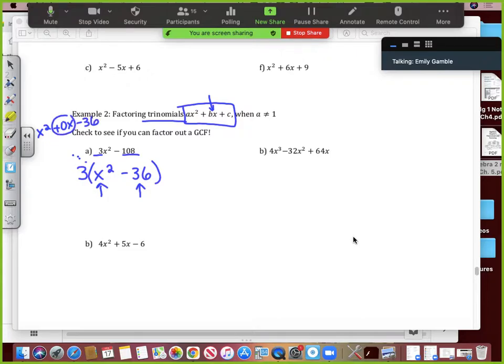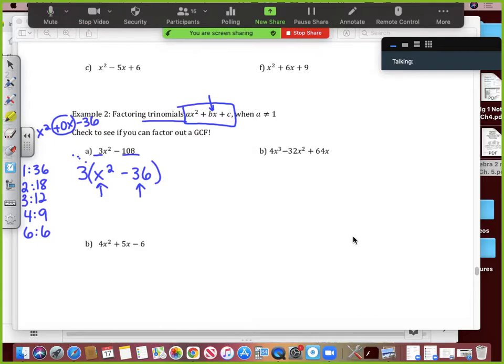The middle term is not there, which means that when I go to factor this, I'm looking for the factors of 36, or negative 36, that multiply to be negative 36, but at the same time add to be 0. So if we're thinking about the factors of 36, and we just start writing them all out, 1 and 36, 2 and 18, 3 and 12, 4 and 9, 6 and 6, I'm looking for these two factors to multiply to be negative 36.